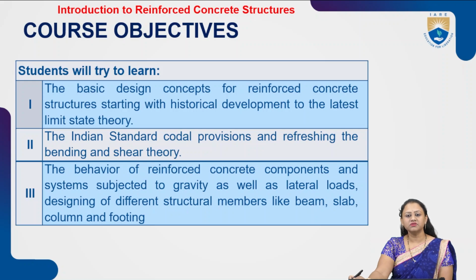The third objective is the behavior of reinforced concrete components and systems subjected to gravity as well as lateral loads, and designing of different structural members, for example beams, columns, slabs and footings. So these are the course objectives of reinforced concrete structures design.